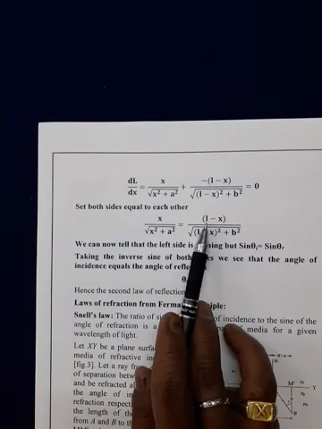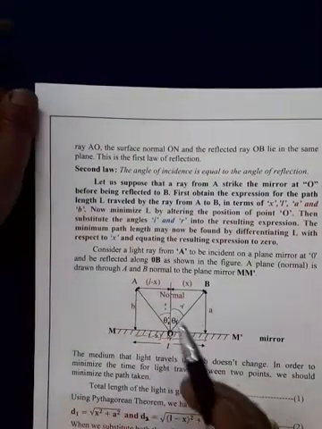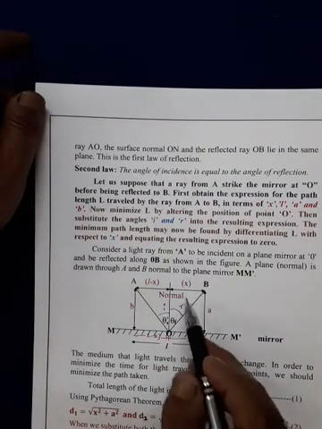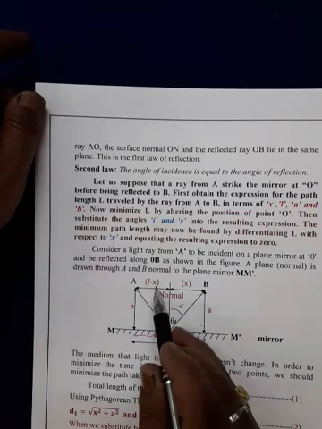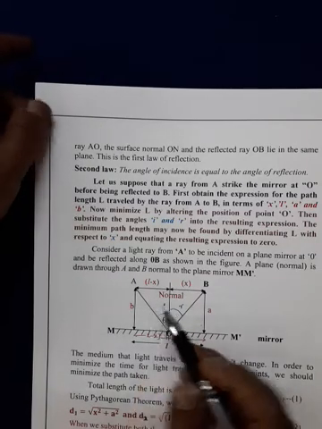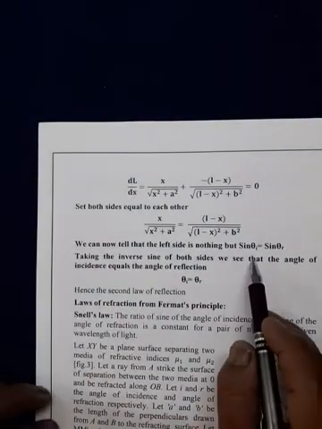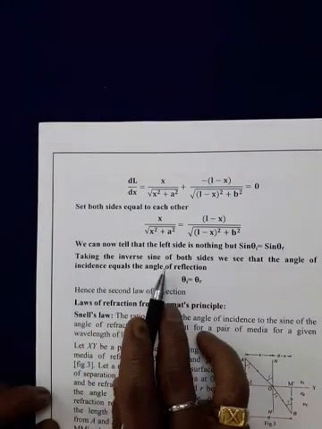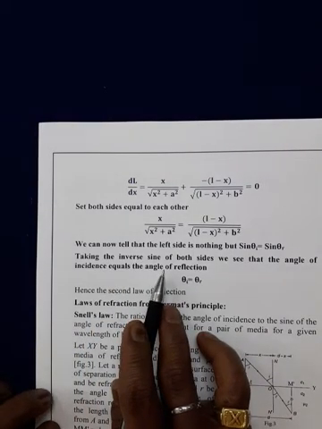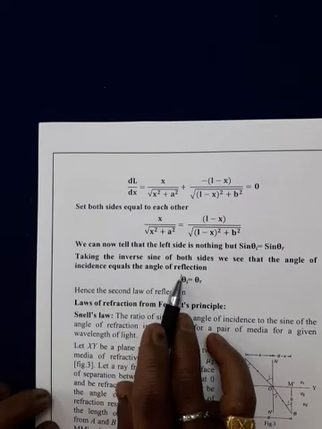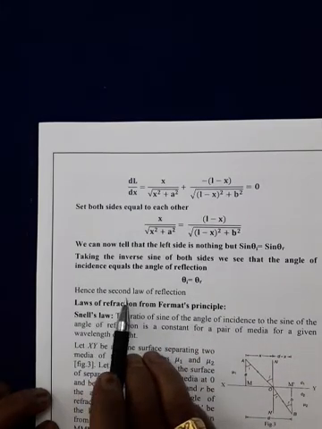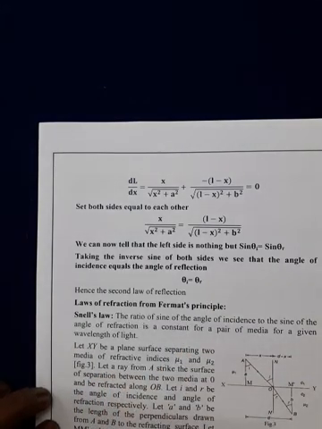For the second, if you take the diagram here, opposite side by hypotenuse. So this becomes sin theta i equal to sin theta r. Taking the inverse sine of both sides, we see that the angle of incidence is equal to the angle of reflection, that is theta i equal to theta r. Hence, we have proved the second law of reflection.